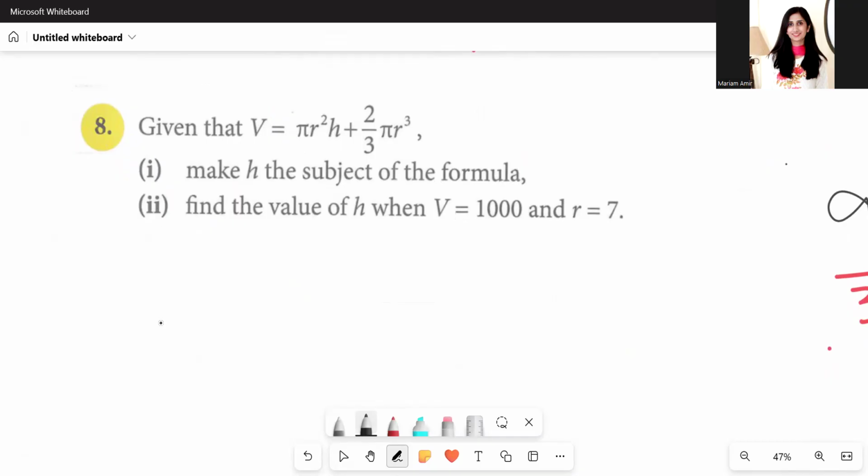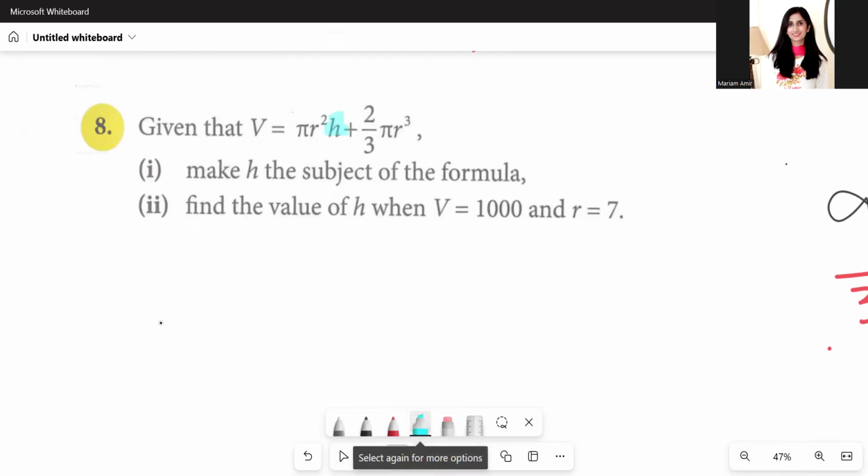Do you remember pi r square h from somewhere, by the way? Volume of a cylinder. This is volume of cylinder. And 2 by 3 pi r cube is volume of half a sphere, which you have not studied yet. You haven't studied this, but you know this. Okay. So make H the subject of the formula.